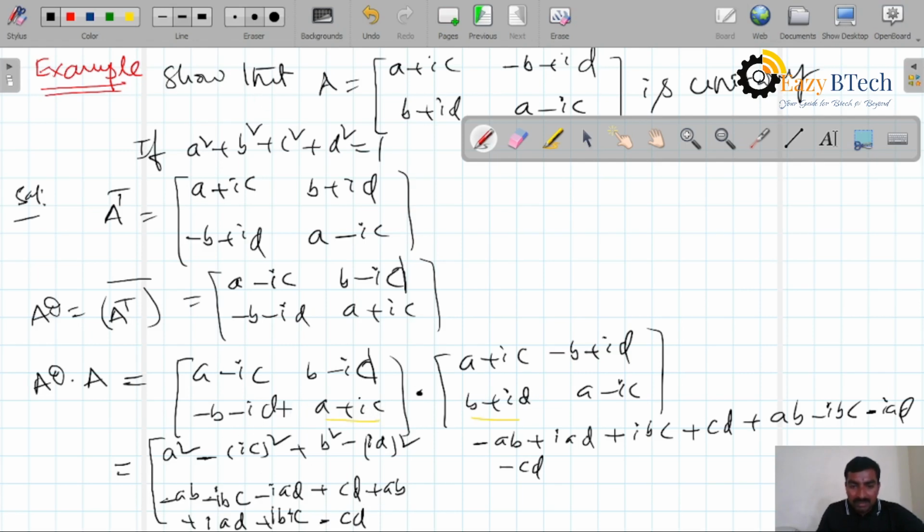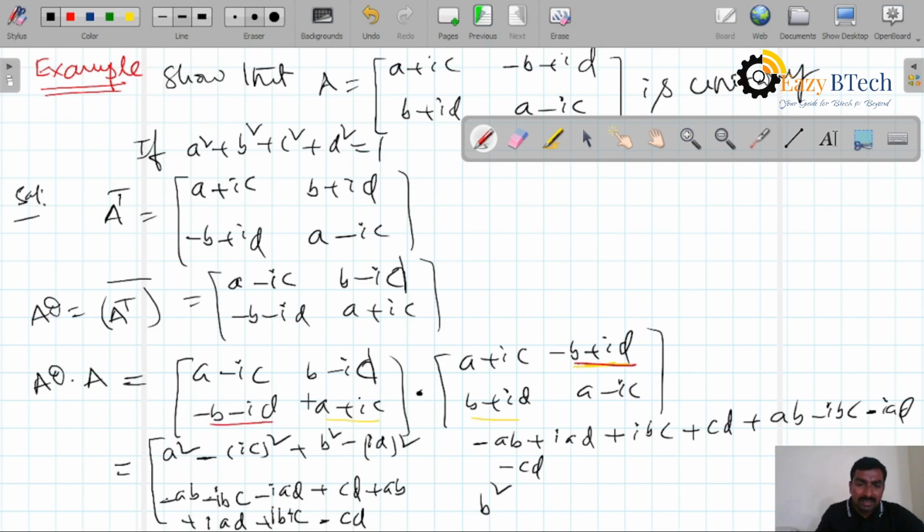Similarly, come to the next one. Next one is this first element into this first element. Now we have to multiply these two, this one and this one. I will underline this one and this one. If you multiply these two, minus B into minus B, plus B square. Simply we can write, no need to write this one. Why?